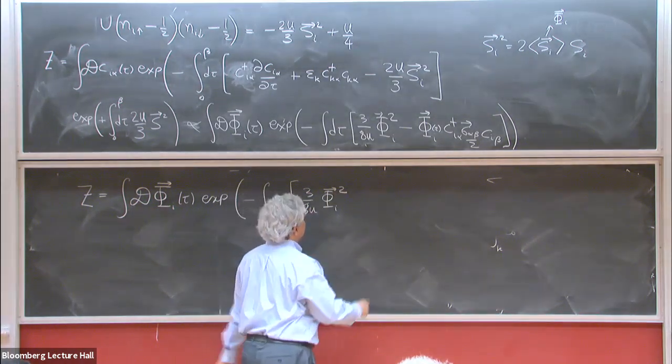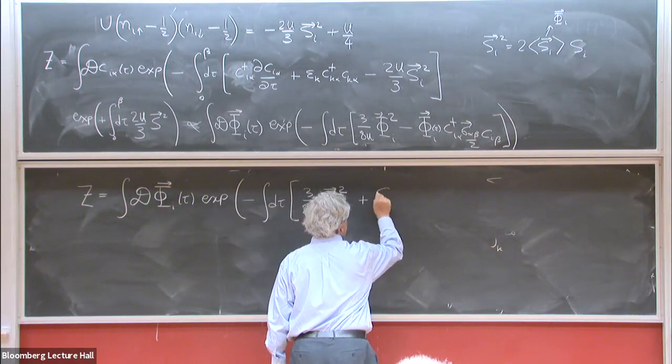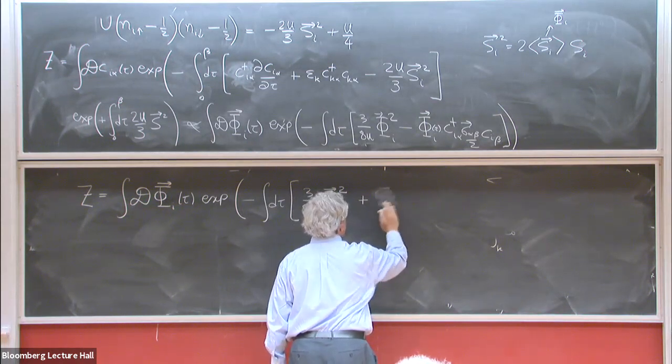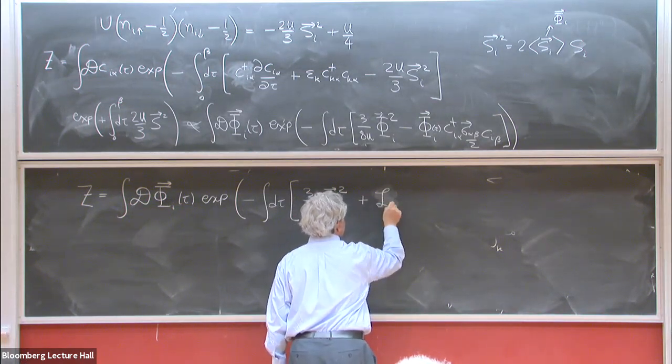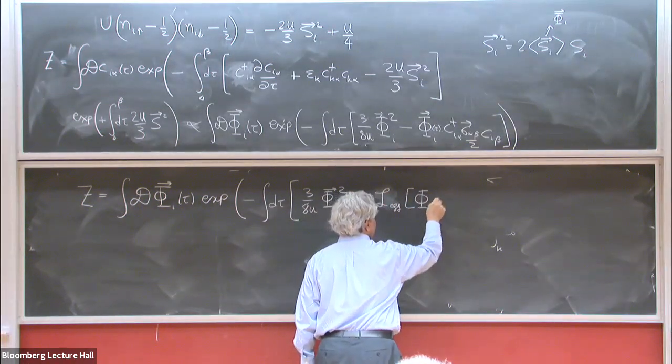This is a real vector, plus some, let's call it S effective, well, it's a Lagrangian here, L effective, which is a functional of phi_i(tau).